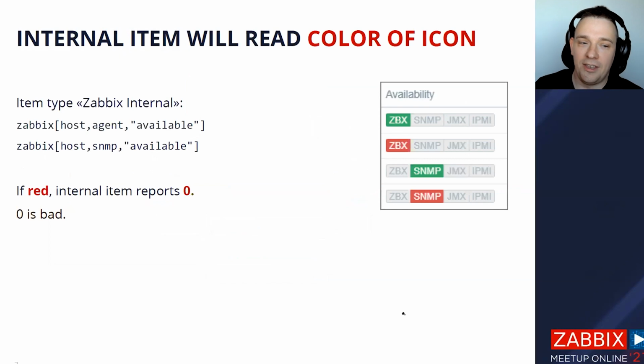And the thing is, we have built-in techniques for how to read the color of the icon. I like to say the color, it's very touchy, but it's the availability of the icon. And we have these two items. The first one reads the color of the ZBX, and the second one reads the color of SNMP. If the color is red, then as a metric, it will report 0, and later on, we will do some magic with these zeros. Let me continue.